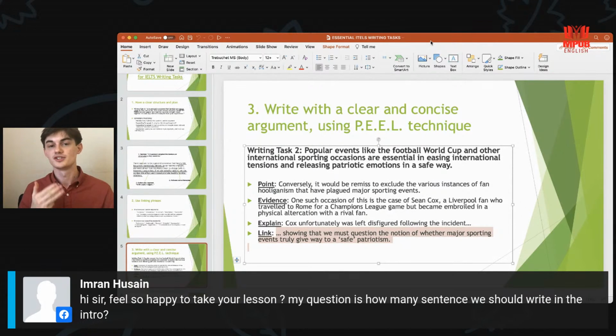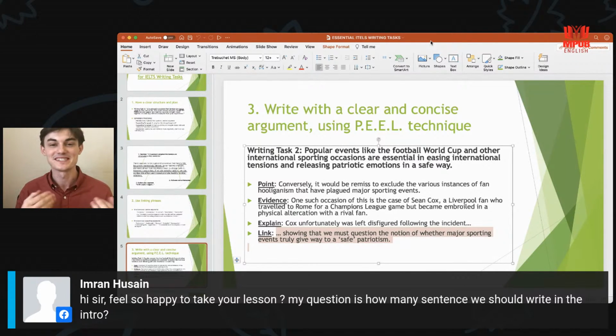This is how you structure an argument. If you're doing these 4 things, you're giving an argument. If you're debating with somebody, and that's really what you're doing in your writing, you're kind of debating with yourself, you can't just say a point and give no evidence for it. You have to give some evidence, back up your point, explain it in a bit more detail, and then link it back to the question and say, why are you saying this?